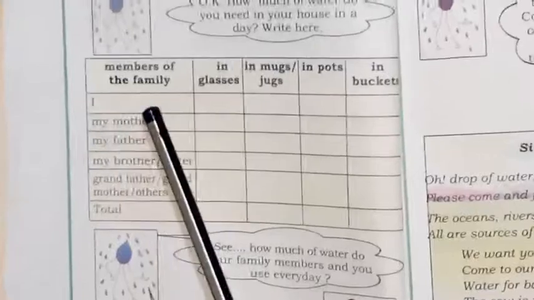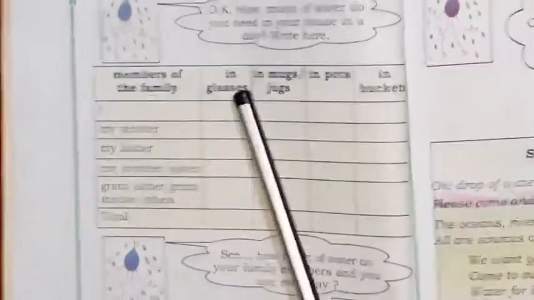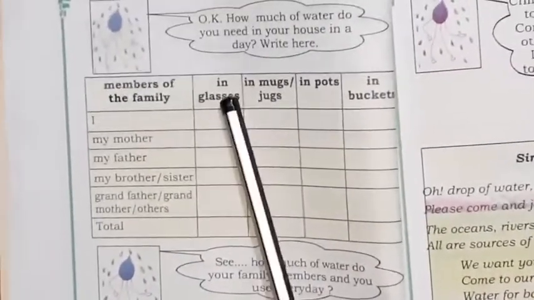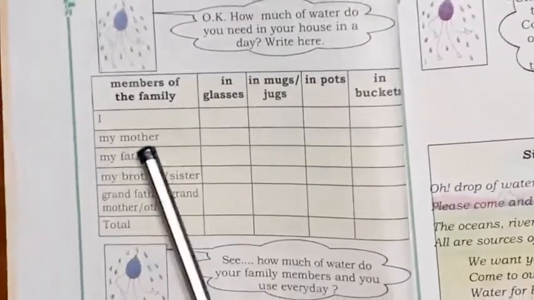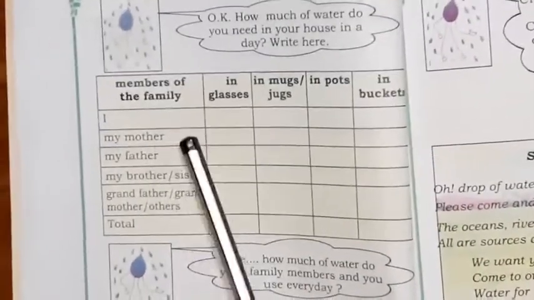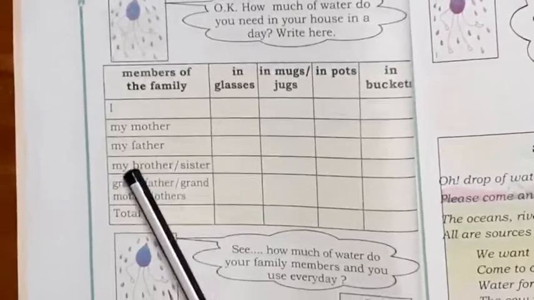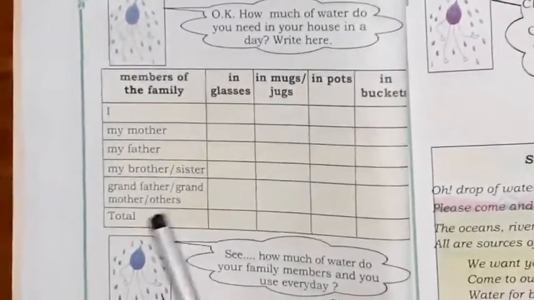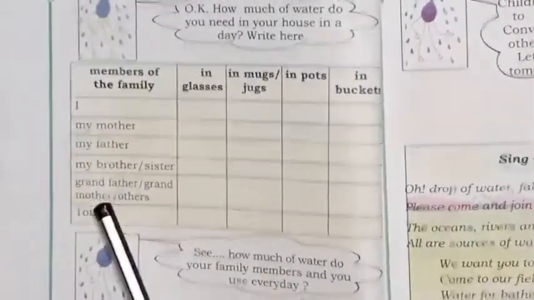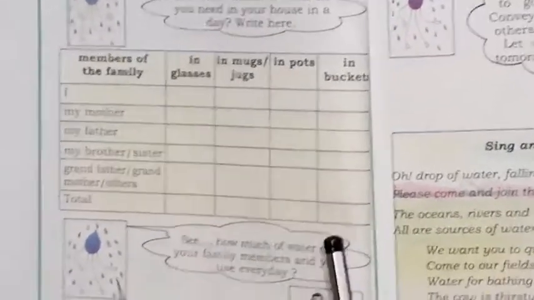Now, children, see member of the family. Here, I means you, children. Now, how much do you use, what do you use, glasses of water? Your mother, how much water does she use? Here, father, brother, sister, grandfather and grandmother, etc. Others. So, children, you have to count it and write your total.